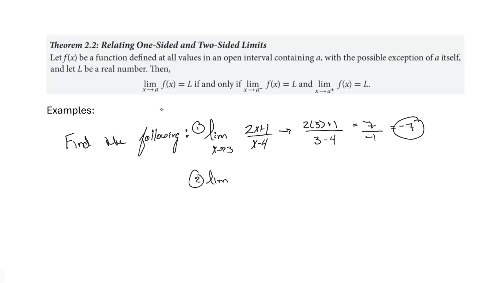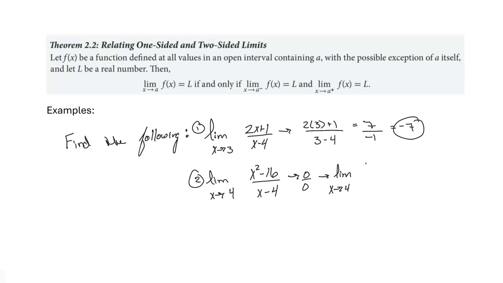Let's look at the limit as x approaches 4 of x squared minus 16 over x minus 4. So here's a problem. If we plug 4 in, we're going to get 0 over 0, and that's undefined. Anytime you get this, that's a key to let you know you need to simplify this somehow.